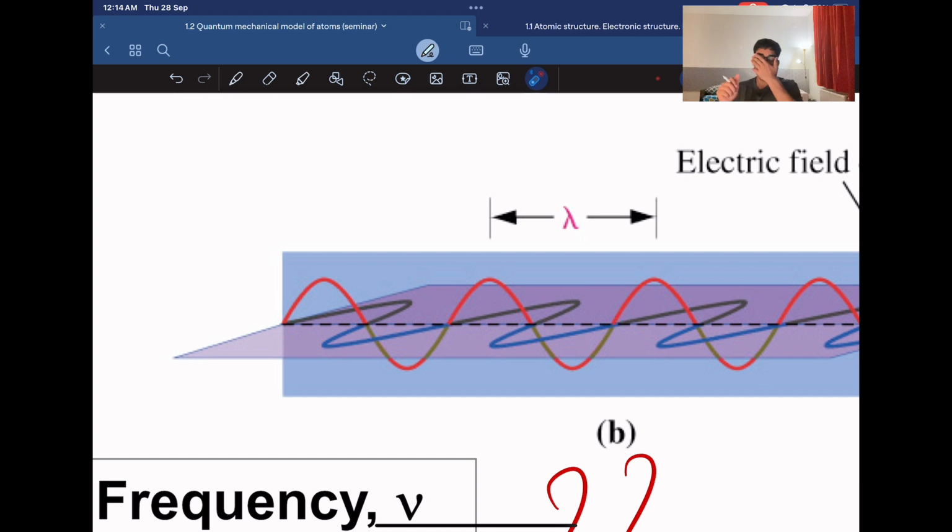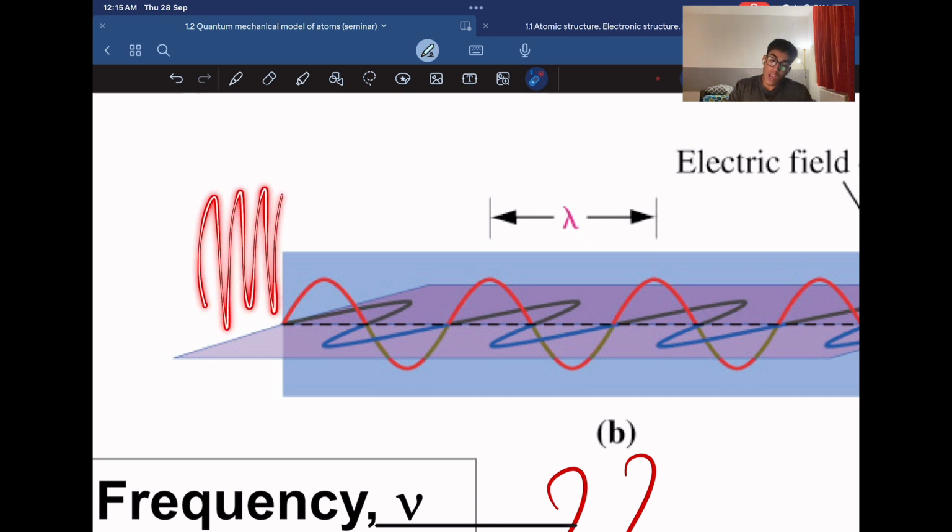Now what is the wavelength? The wavelength is the length between 2 crests, 2 hills, or the distance between 2 valleys or troughs. That's our wavelength.